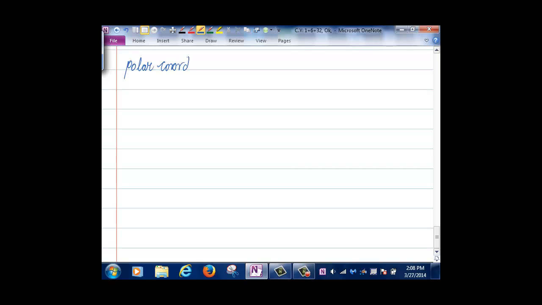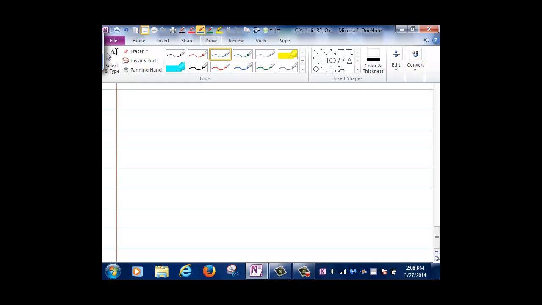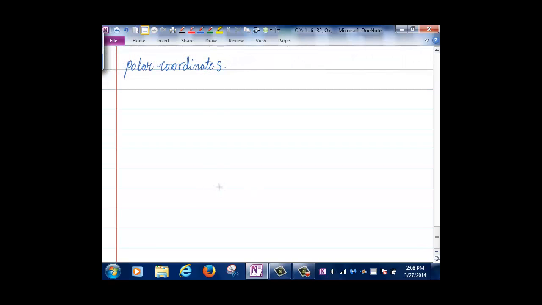You still have two different coordinates. So now, in this case, imagine that you have a real number line, which I'm going to call the x-axis, and now let's say the origin is right here.